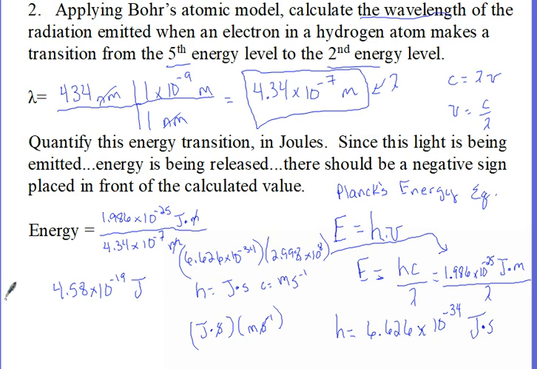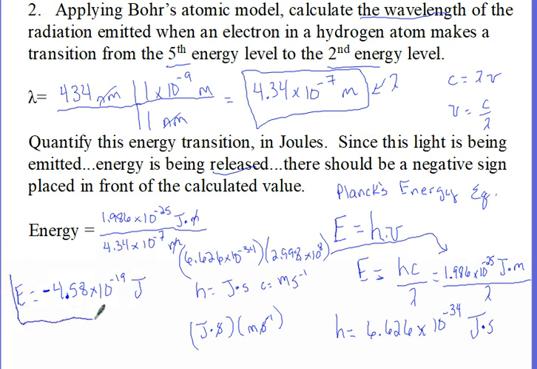And then one last thing, since it says energy is being released, one way that we denote that is we put a negative in front of it like that. So this is showing that this much energy is being released, with a negative sign there. The joule is the SI unit for energy.